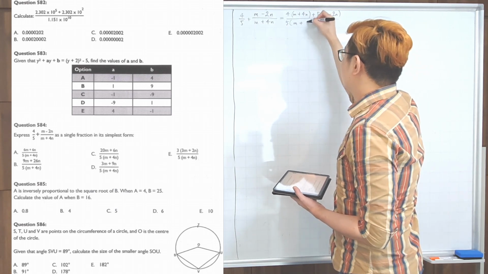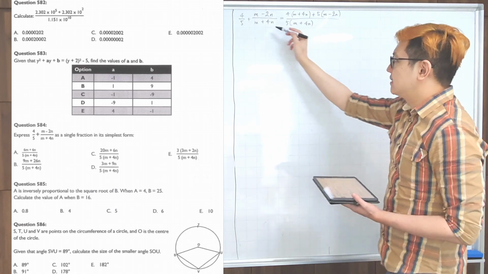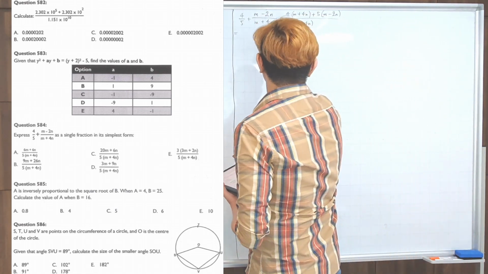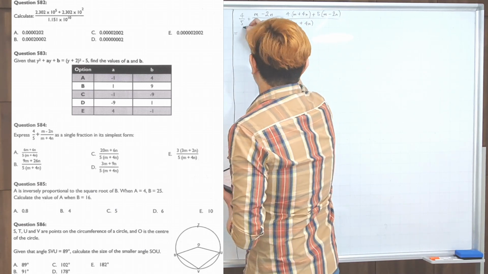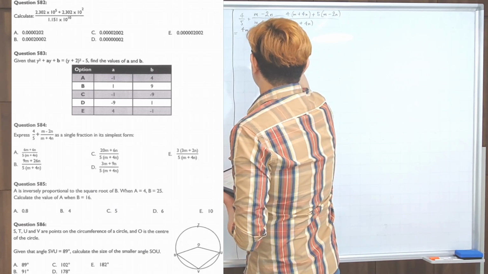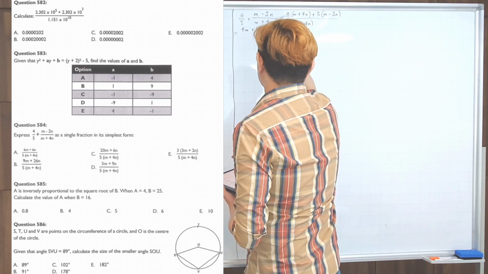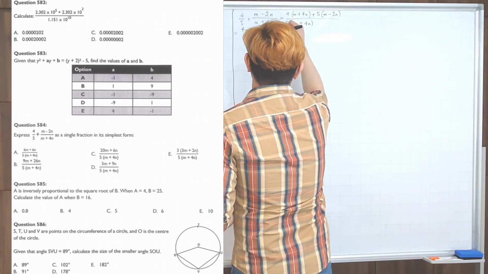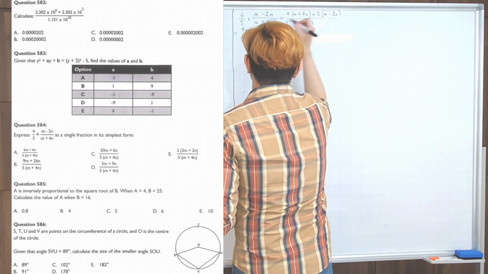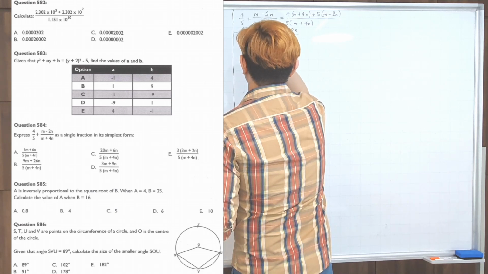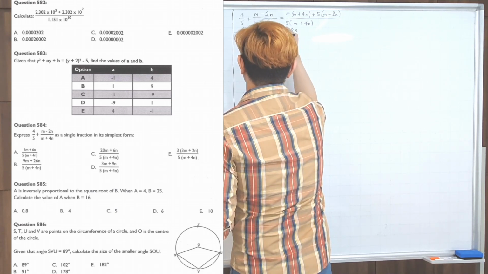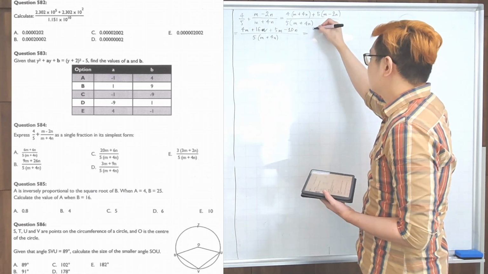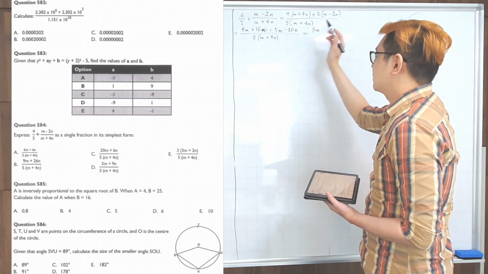Okay, multiply them into each other. You get 4m plus 16n plus 5m minus 10n divided by 5 and plus 4n. This one add up to 9, and this is 9. This is 6.